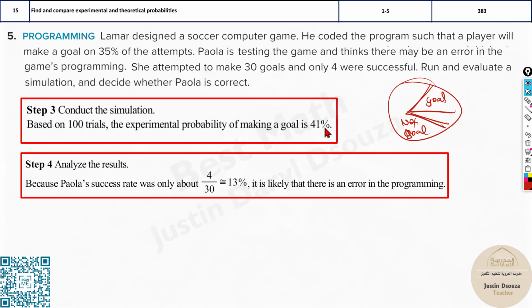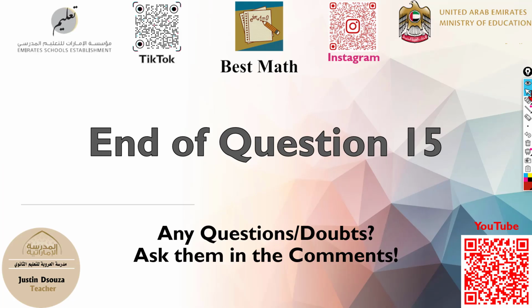So what you can say is, if you do the experiment, it's coming closer to the original value. So whatever Paula got, it's 13%, way too low than the actual value. So you can say there is some error in the programming. So that's how we solve this question 15. In the exam, don't worry, they are supposed to give you the experimental probability table, and then from the table you can easily find experimental probabilities.